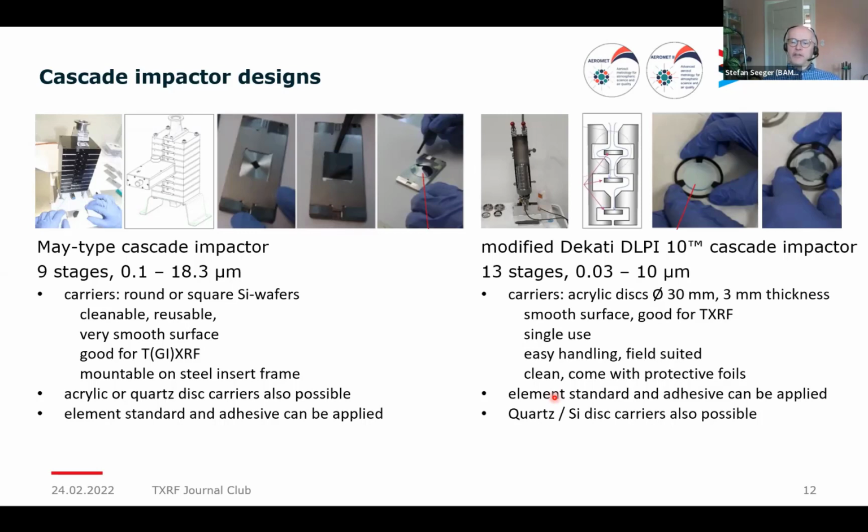The CATI impactor is a commercial product which has 13 stages ranging from 30 nanometers up to 10 micrometers. And the carriers are of a different shape. They are acrylic discs of 30 millimeters diameter and 3 millimeters thickness. You may use acrylic discs, as I said, or also designs where you apply round silicon wafers. It is also possible to use quartz discs, which have a surface which is smooth enough to be good for TXRF.